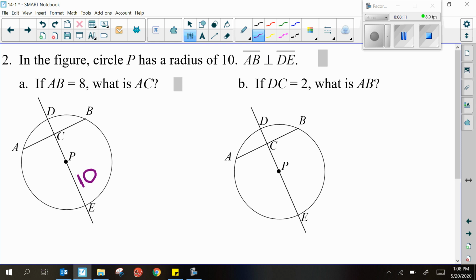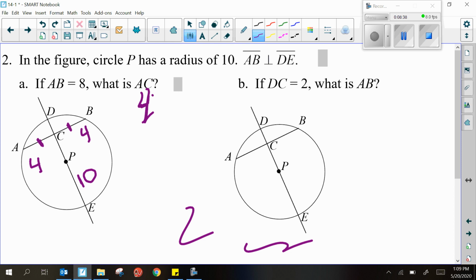Well, if DE is perpendicular to AB, then it's going to bisect it. And if AB is 8, then that means this is 4. My pen is not working. I'm trying to write a 4. It's not happening. There we go. 4 and 4. So what's AC? AC is 4.